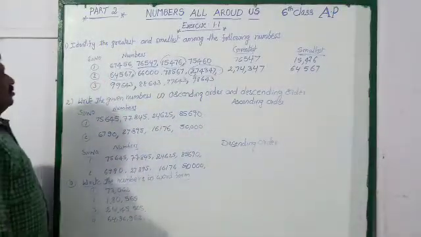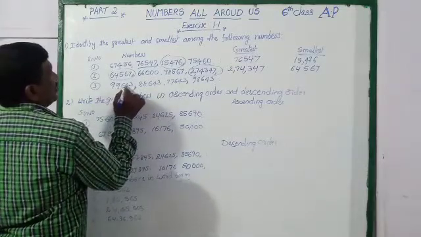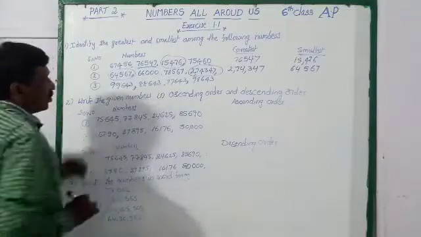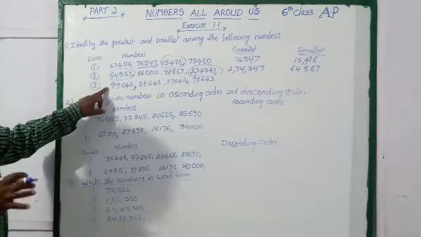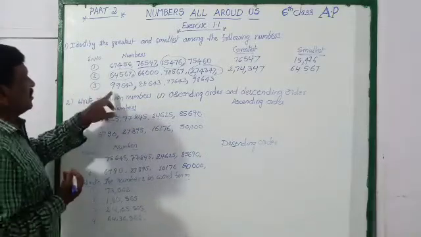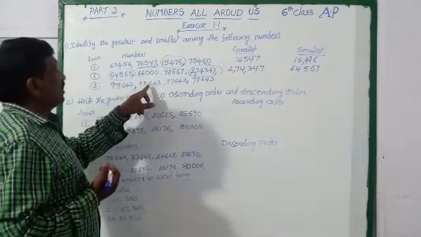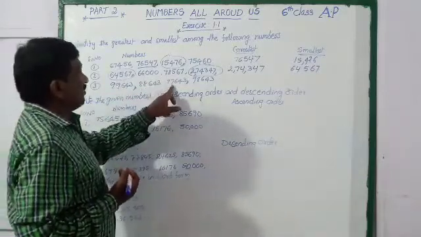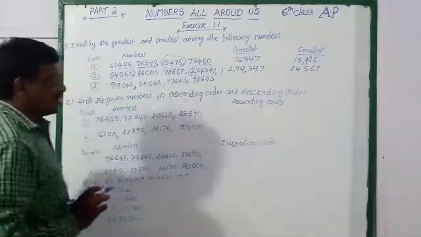Next row. You can write any numbers. I wrote some numbers also: 99,643, 88,643, 77,643, 98,643.